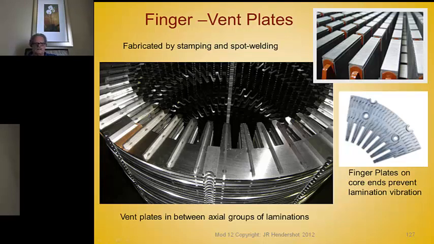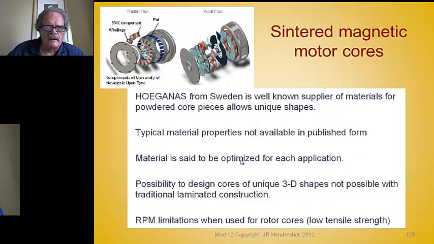They're spot welded on there, and you see these are little spot welded bars that come up, so that when you put the next group of laminations on top of this, that provides a space. Then you have these vent passages through here for the cooling air or gas to go to cool the cores. This is a plate with little bars spot welded to it, and that's what provides the gap between the sections of the core.